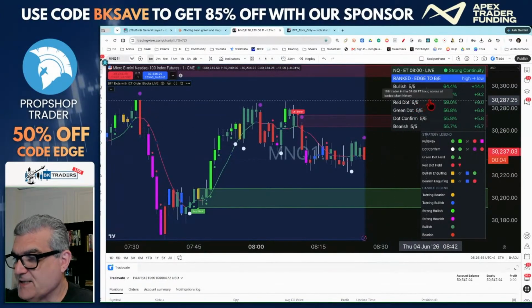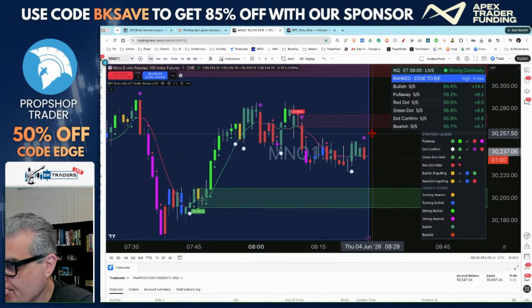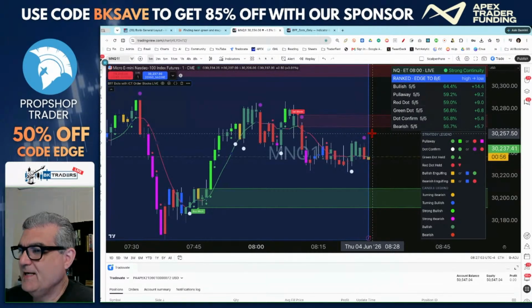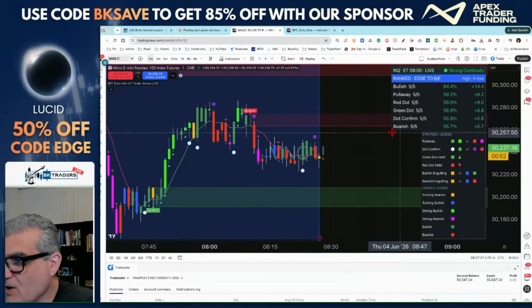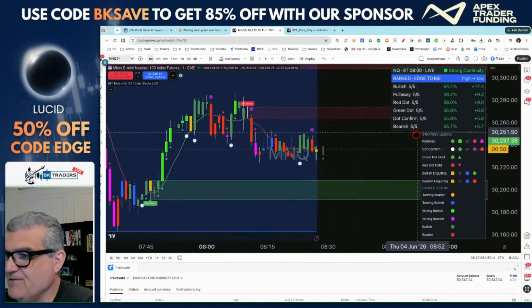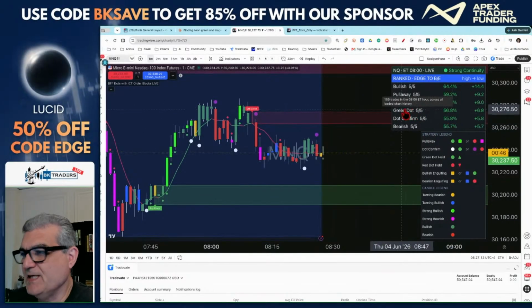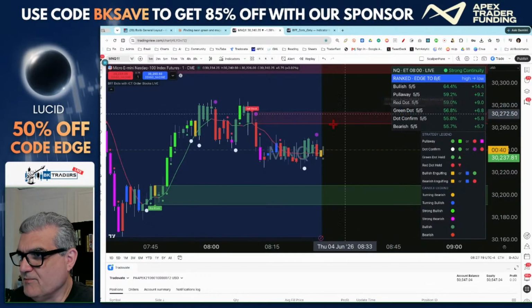So maybe a red dot, like right now, here's a red dot coming up. But I will warn you that these red dot setups are 50-50 setups at this point on a 5-5 basis, which means it may take you 2 or 3 of these setups to reconcile the P&L.